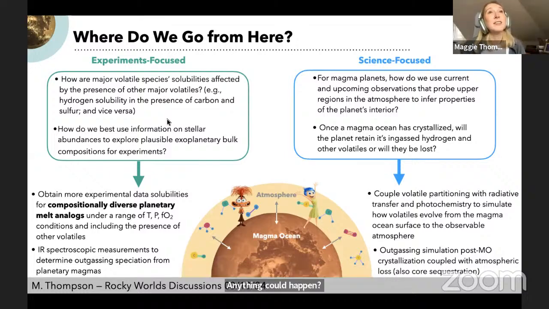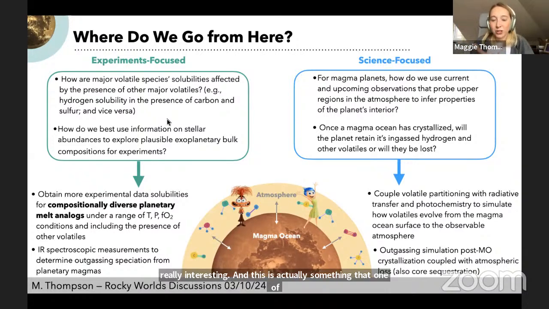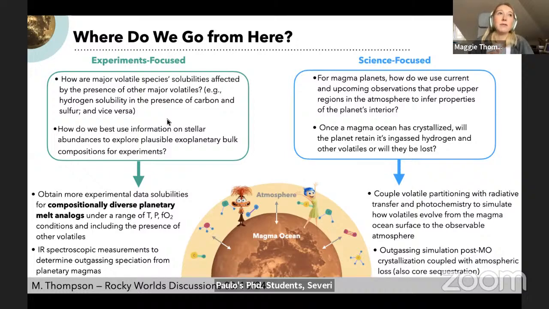Oh, absolutely. This is where the phase space that we could look at is so large, right? And unknown. One thing that would be really interesting, and this is something that one of Paolo's PhD students, Urja Severi, has been working on, is if you have a much more chemically reducing system.